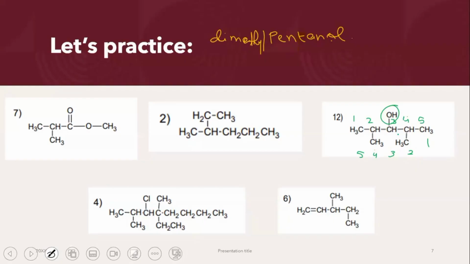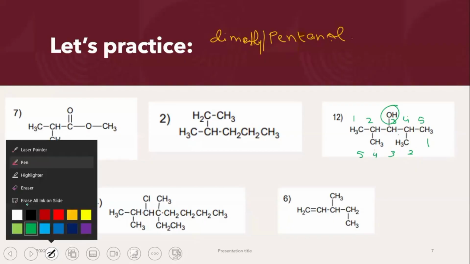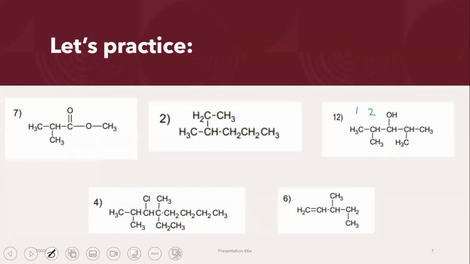What does that mean? That means that, let's say, in this particular case, the OH group is on carbon atom number 3. So it doesn't matter if I count from the right side or the left side. Let's say I decide to count from the left side. 1, 2, 3, 4, 5.